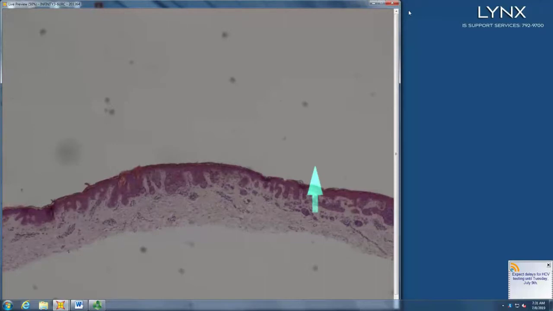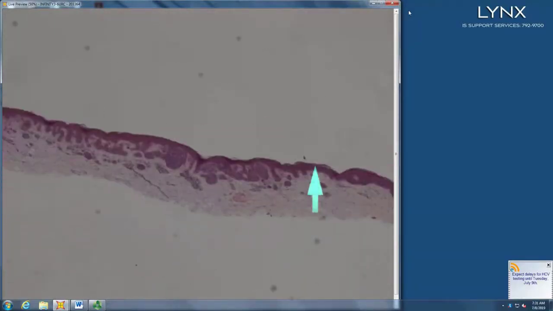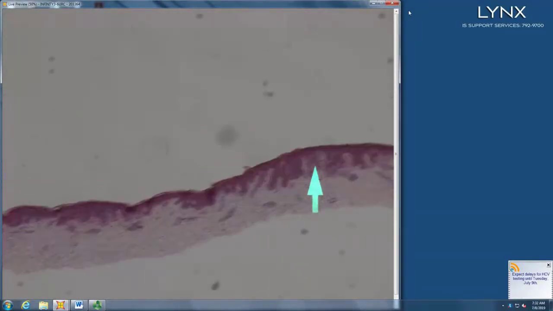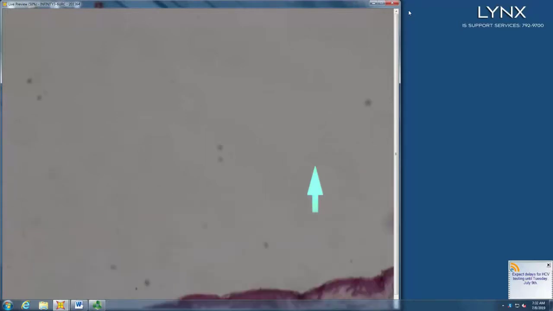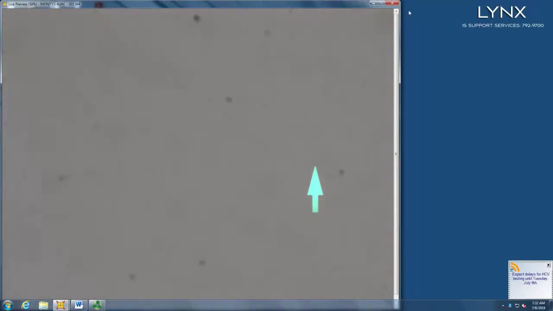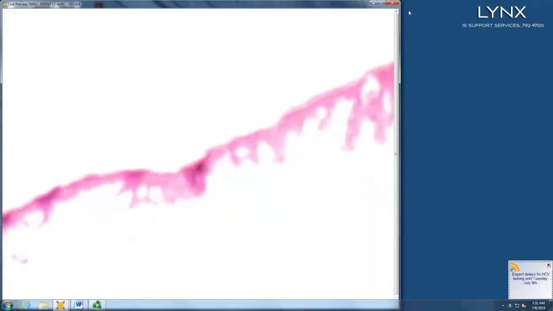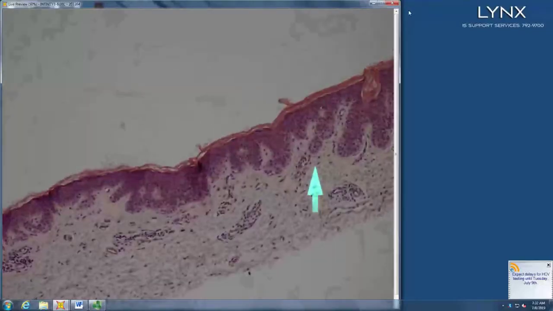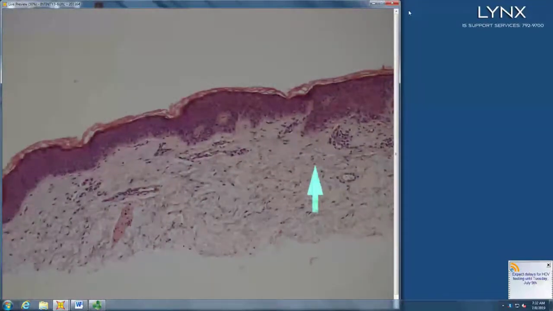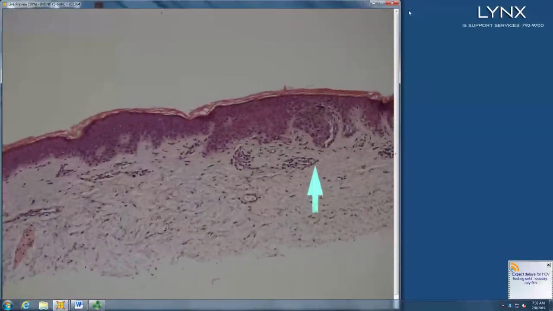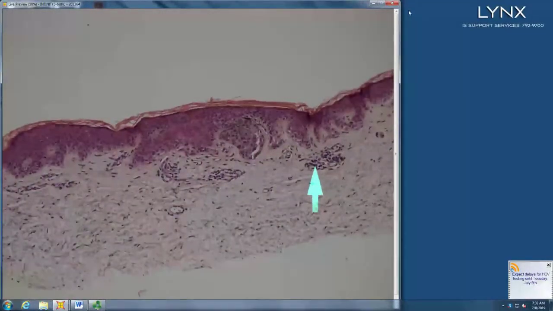So it's a really long, narrow shave. It's a proliferation at the DEJ. Yep. So what's your differential? I think that it's melanocytic. I was thinking like Clark's. Yeah, so Clark's versus worse, right?